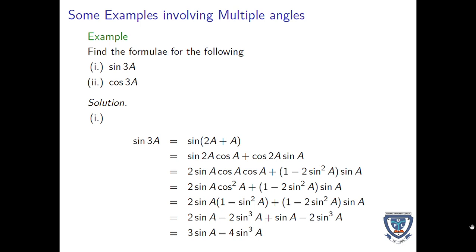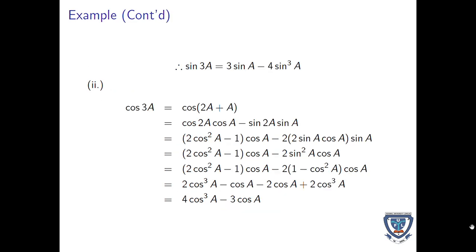Solution to (i): the trig identity for sin 3A is equal to sin(2A + A), and when you split that up, you're going to have sin 2A cos A plus cos 2A sin A. And with proper evaluation and simplification, you're going to have that sin 3A will be equal to 3 sin A minus 4 sin³ A.